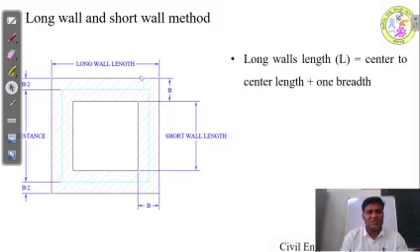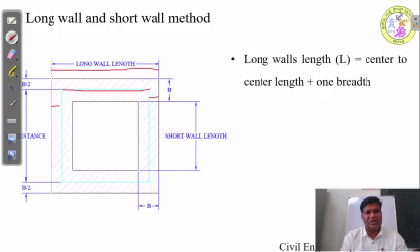In this method, the long wall length, from here to here, is calculated as the center line distance plus one breadth. One breadth means half the breadth from here to here and half the breadth from here to here.